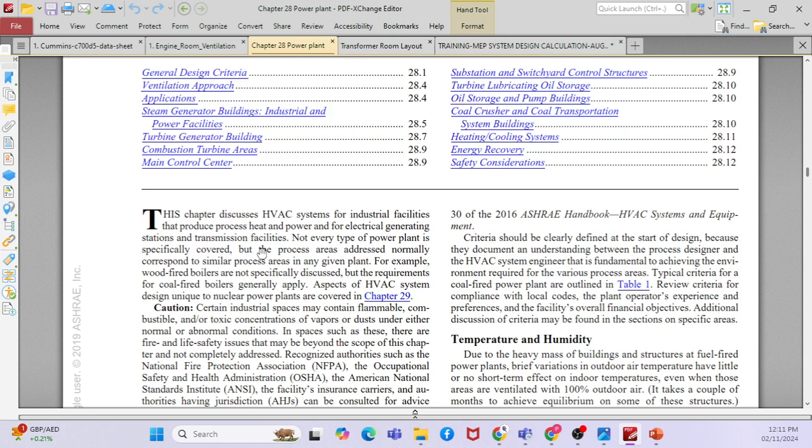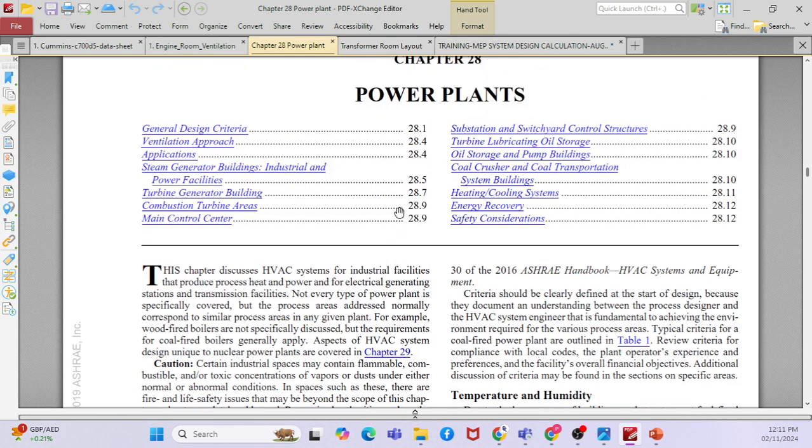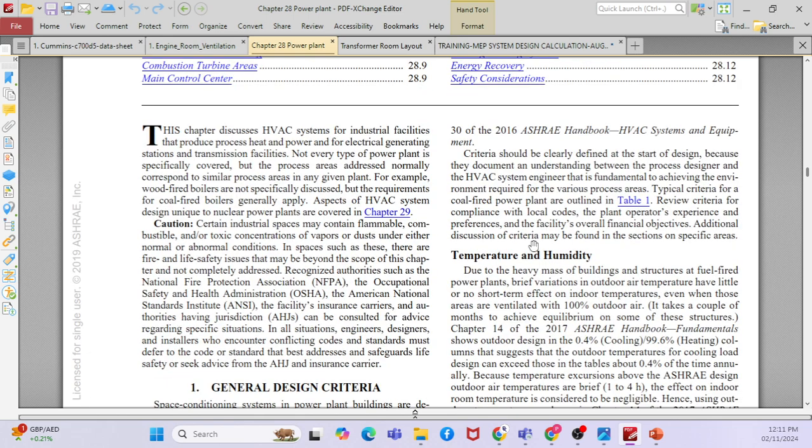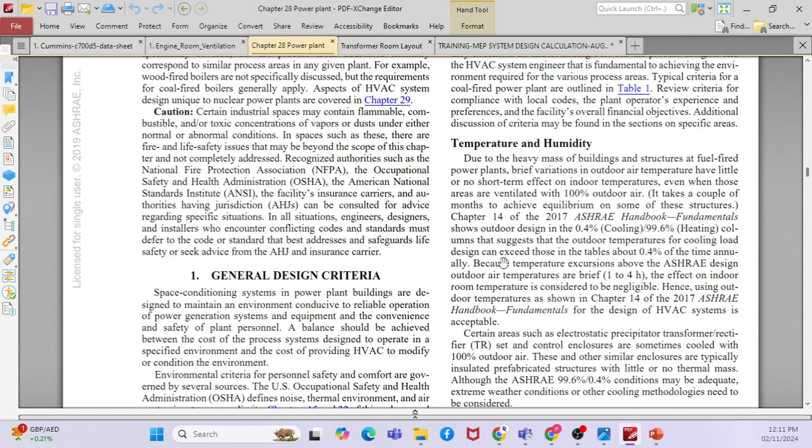So whatever the generator produces is process heat, right? So this chapter will be used for the generator application. Here we are going to control the temperature and humidity basically.